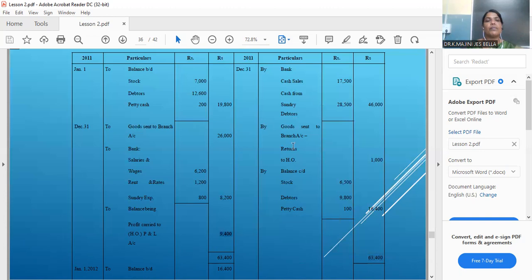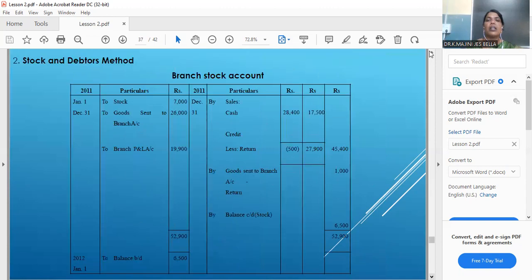Okay, the balance of the organization is transferred to the profit and loss account, right? 9,400. Balance is. Stock 7,000. This is the stock and deposit, right?